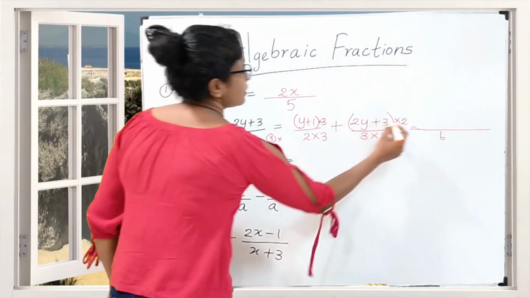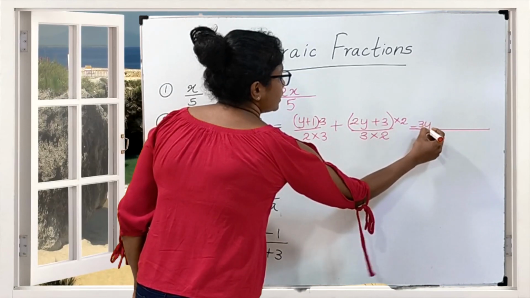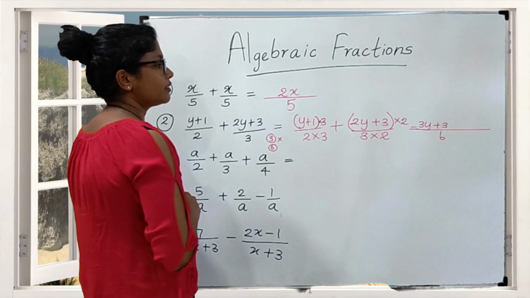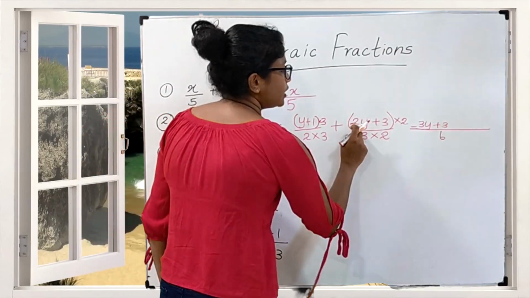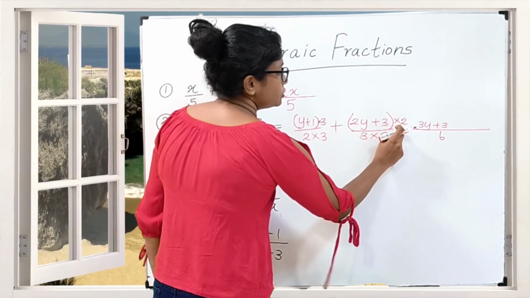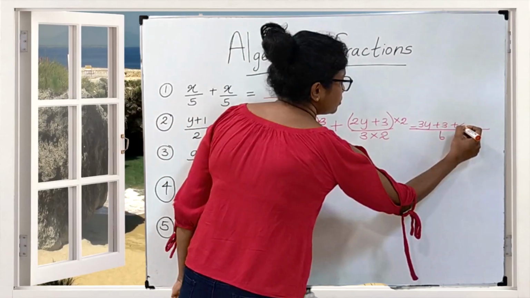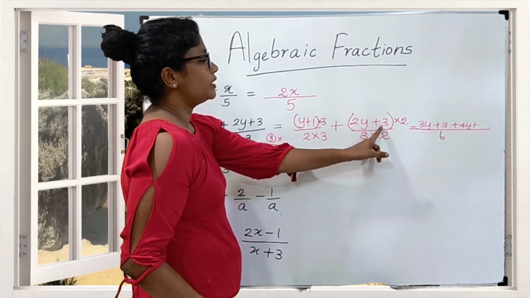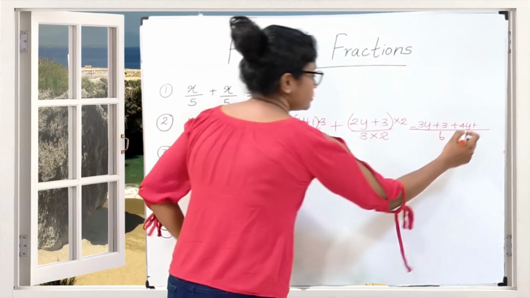Then 3y plus 3, and then 2y multiplied by 2 gives the value 4y, plus 3 multiplied by 2 gives the value 6.